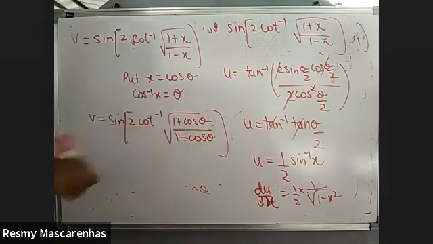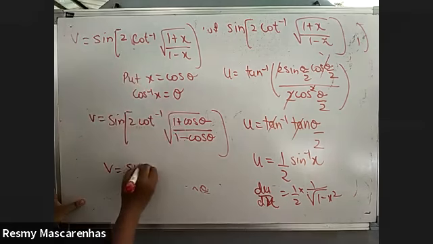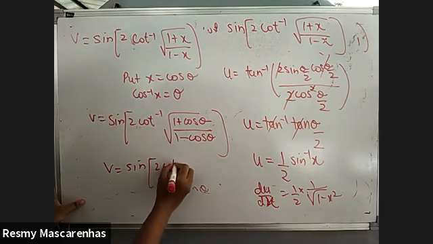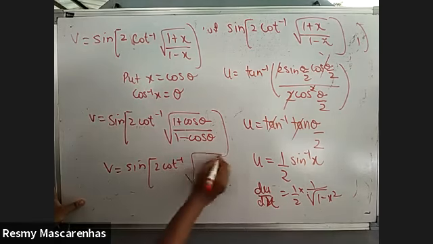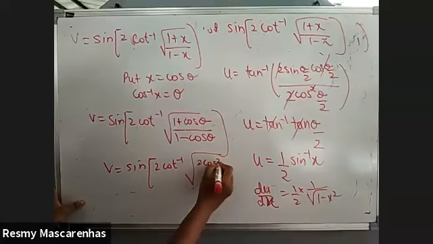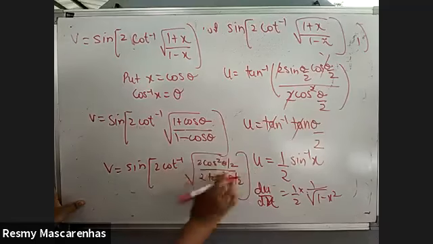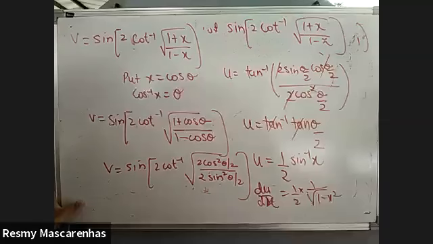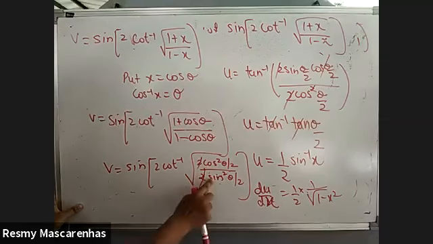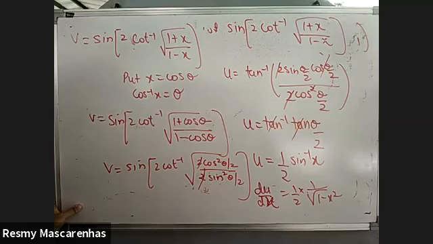Here, see, sine of 2 cot inverse of cot theta by 2. Like this you will get. Those who have done reverse tan, they will get the opposite. Still it will cancel out. 2 and 2 will cancel. Cos square upon sine square will be cot square.